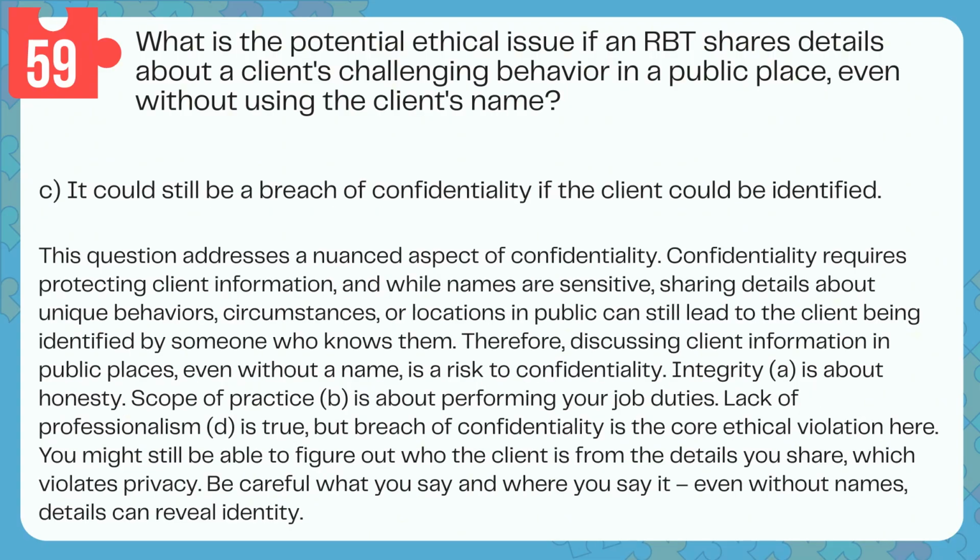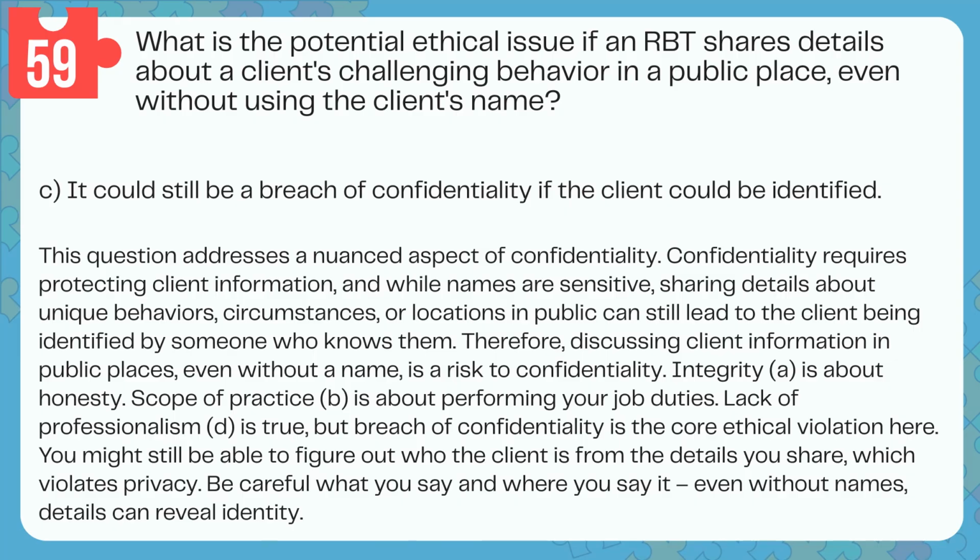Answer: C. It could still be a breach of confidentiality if the client could be identified. Explanation: this question addresses a nuanced aspect of confidentiality. Confidentiality requires protecting client information, and while names are sensitive, sharing details about unique behaviors, circumstances, or locations in public can still lead to the client being identified by someone who knows them. Therefore, discussing client information in public places, even without a name, is a risk to confidentiality.